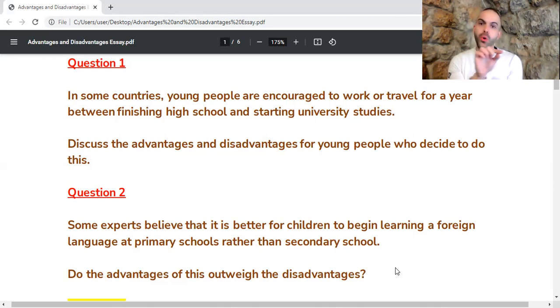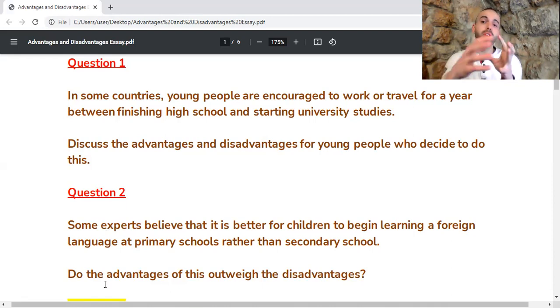So now you can't miss out the thesis statement in your introduction, and you will have to restate your opinion again in your conclusion. So don't forget this at all. As you can see, these two questions are quite different. That's the first type of IELTS advantages and disadvantages essays, and that's the second type of it.